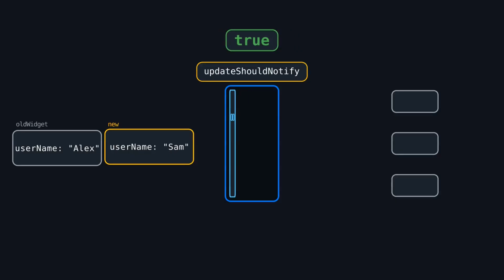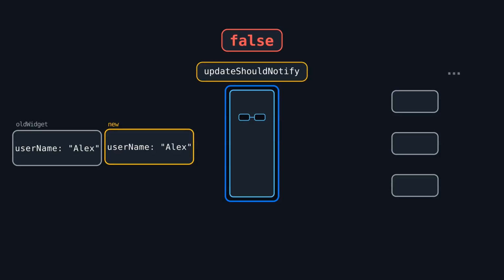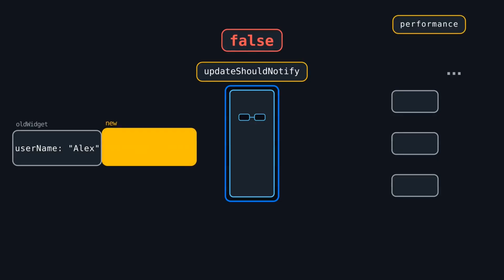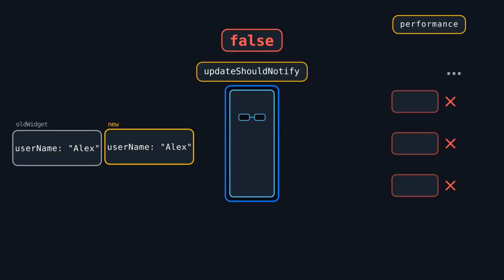The bouncer opens the door and every widget depending on this data gets rebuilt. Return false. Silence. Nobody rebuilds, nothing happens. Why does this matter? Performance. Maybe the widget rebuilt, but username is still Alex. Rebuilding the listeners would be pure waste.